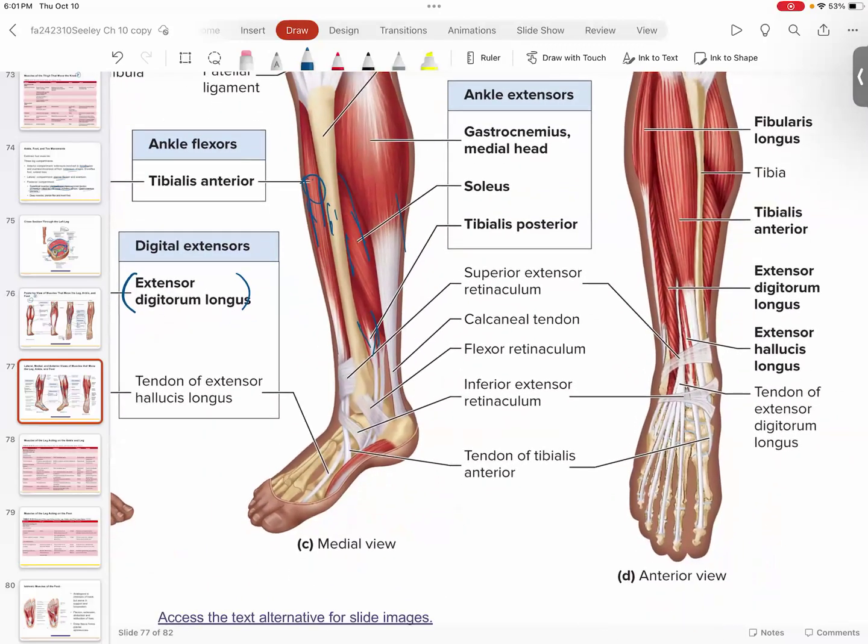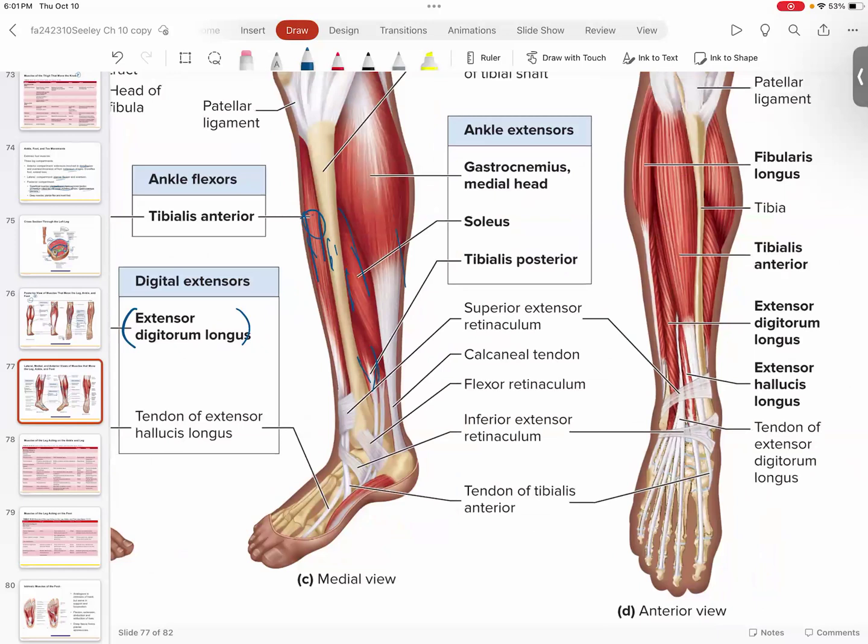If you take a look at it head on, you'll see here's your tibia, and then the muscle right next to the tibia is going to be your tibialis anterior. And then right next to that one, which is this guy right here, is going to be your extensor digitorum longus. And then as you move next to that, you're going to see your fibularis group. This is your fibularis longus, and then brevis is underneath.